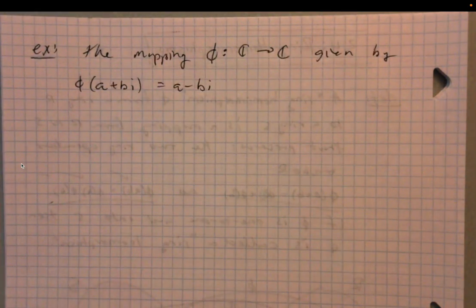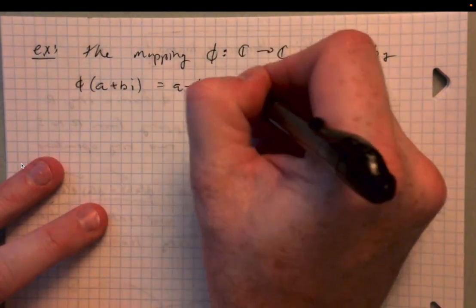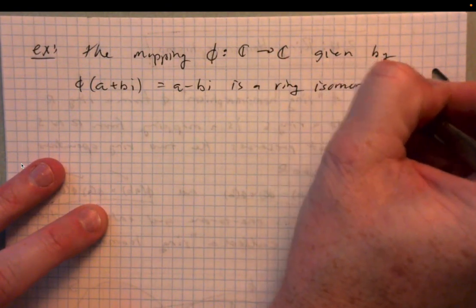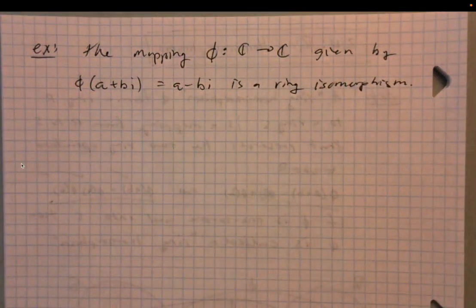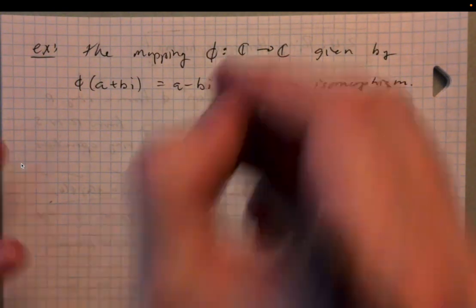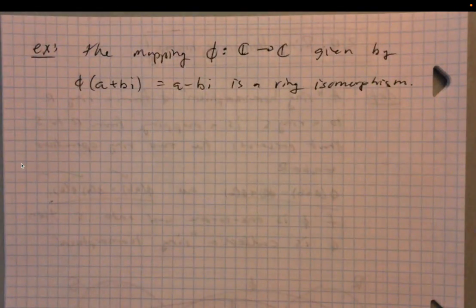This is a ring isomorphism. So we'll show how it preserves the operations, and I'll leave it to you to show that it's one-to-one and onto. And I think that's fairly easy to do.